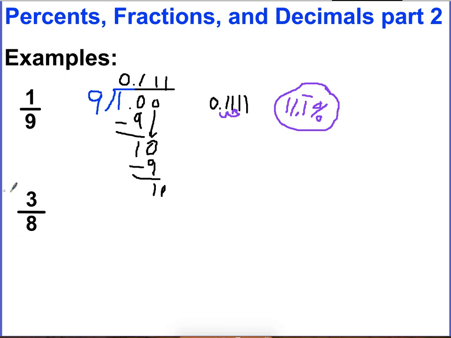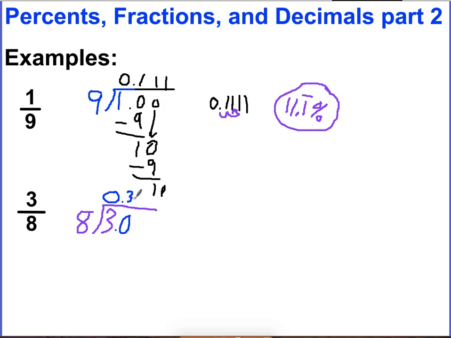3 over 8, we read this as 3 divided by 8, top to bottom. When I write it with long division, I write 3 divided by 8. Then I ask myself the questions and go through the routine. How many times does 8 go into 3? 0. Put a decimal. How many times does 8 go into 30? 3. And if we can use guess and check here, you can say 2 and then realize there's more.